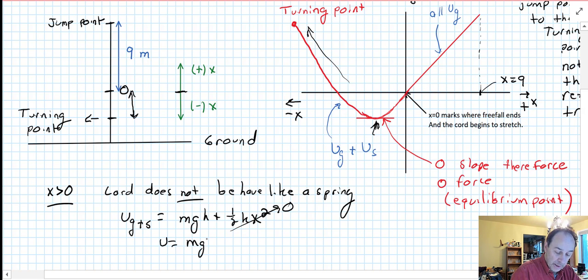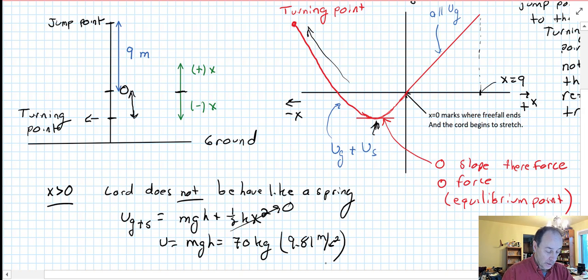So our potential energy is the 70 kilograms times 9.81 meters per second squared times the height, which is 9 meters. And that gives us a value of 6,180 joules.